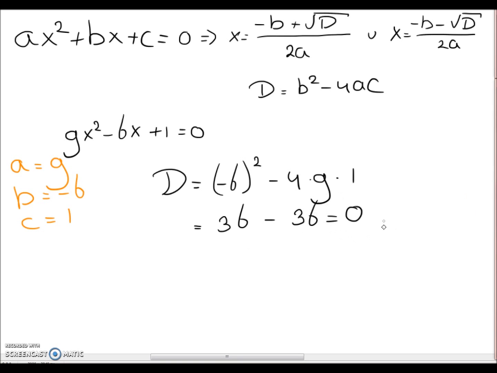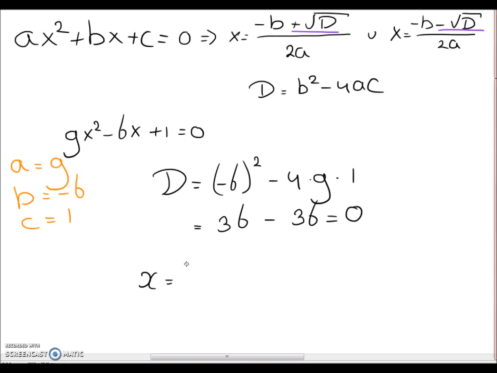Since our discriminant is equal to 0, then adding it or subtracting it will not matter. In this solution I add it, in this solution I subtract it, but since our discriminant is 0, and therefore the square root of it is also 0, and adding or subtracting 0 doesn't change anything, we can write down one answer, or one solution.